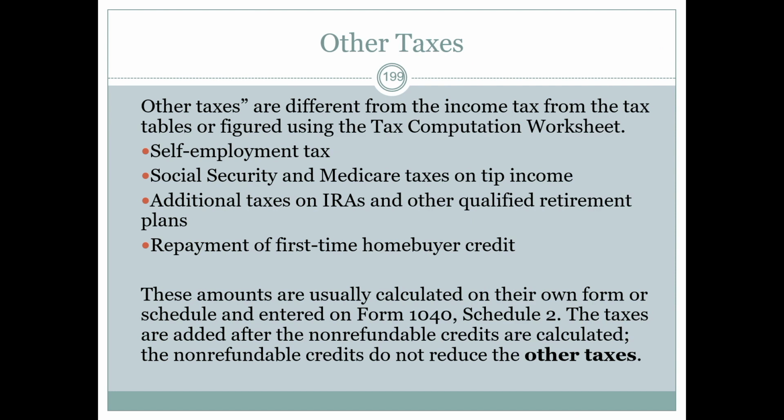Other taxes. Other taxes are different from the income tax from the tax tables or figured using the tax computation worksheet. Other taxes include self-employment tax, Social Security and Medicare taxes on tip income, additional taxes on IRAs and other qualified retirement plans, repayment of the first-time homebuyer credit.